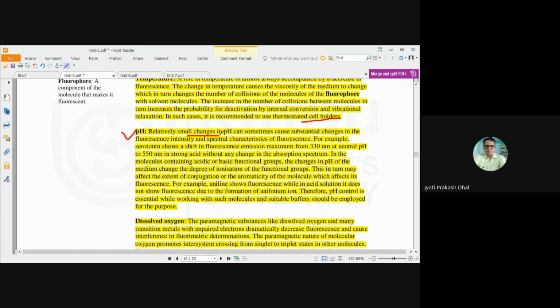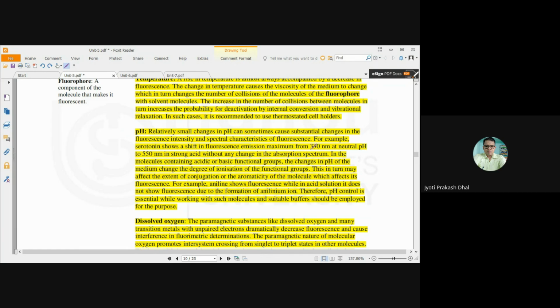Relatively small changes in the pH can sometimes cause substantial changes in the fluorescence intensity and spectral characteristics of fluorescent molecules. For example, the molecule serotonin shows a shift in the fluorescence emission maximum.